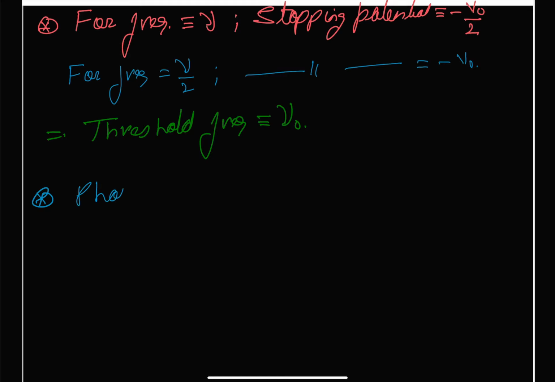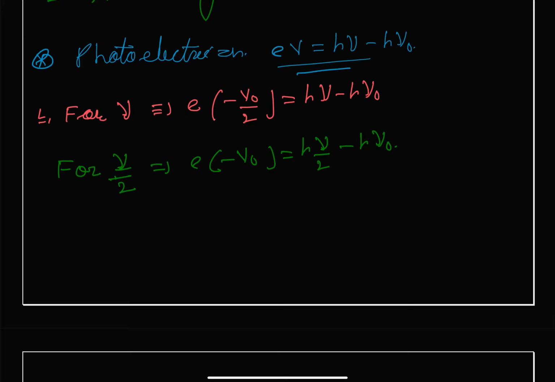And for frequency nu by 2 we get E into minus V naught, and this comes h nu by 2 minus h nu naught. And we can just solve it.